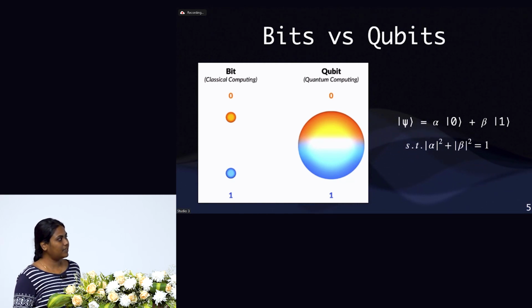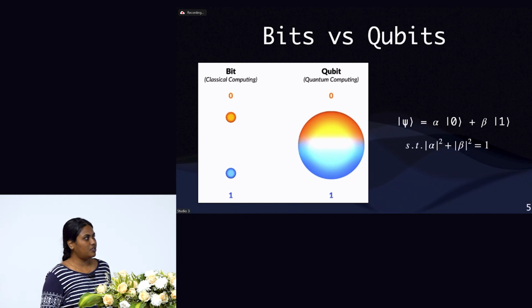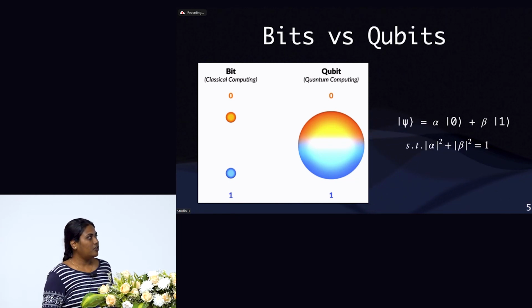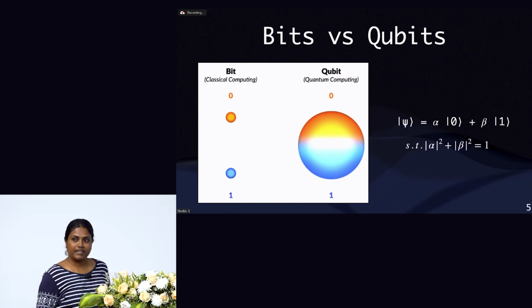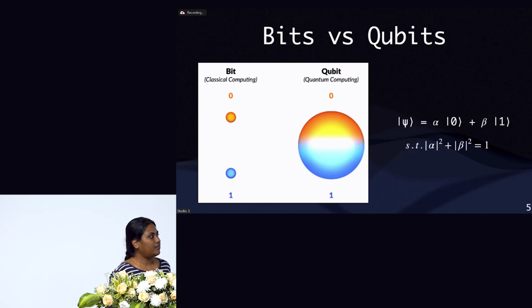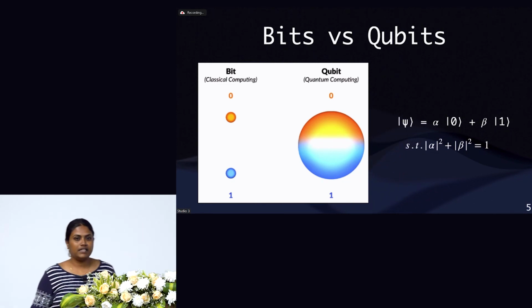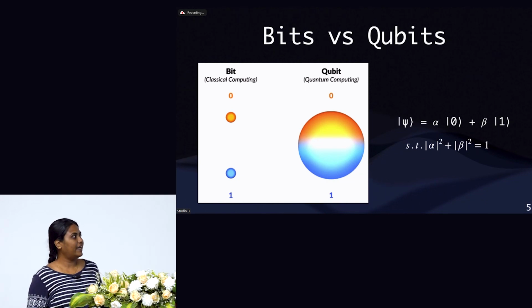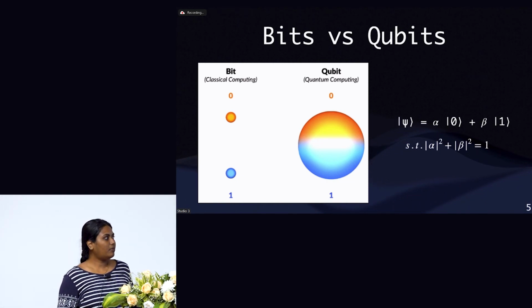So how do we represent these qubits? Using something called ket notation. Ket psi is alpha times 0 plus beta times 1. Here alpha and beta are complex numbers, and the modulus squared of alpha and of beta denote the probabilities with which we get either a 0 or a 1 measurement when we measure this qubit.